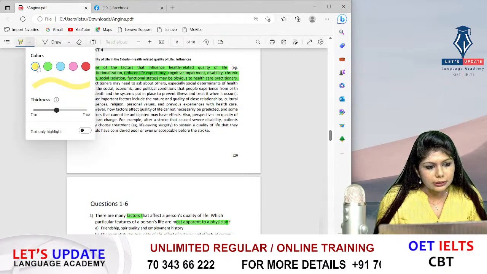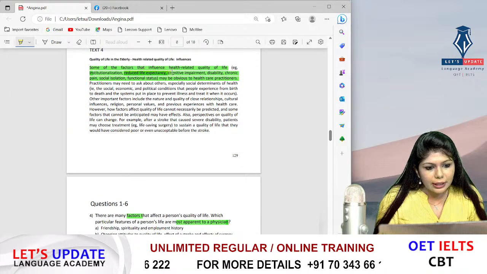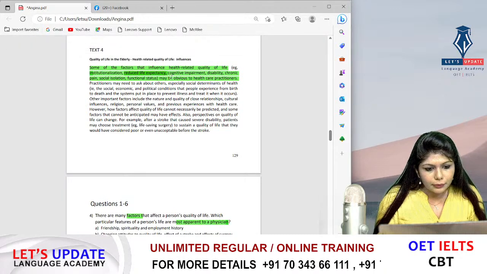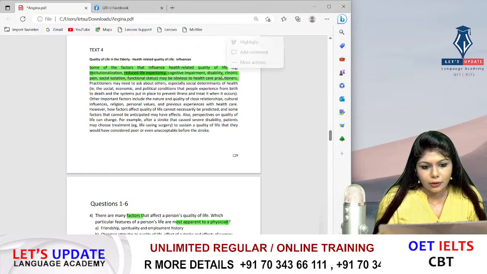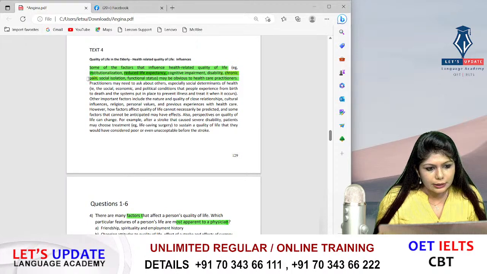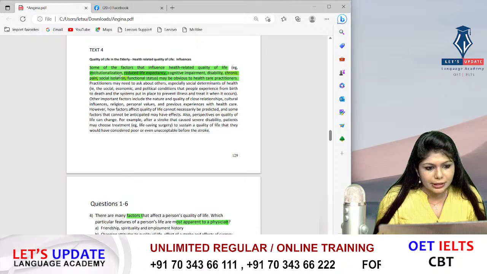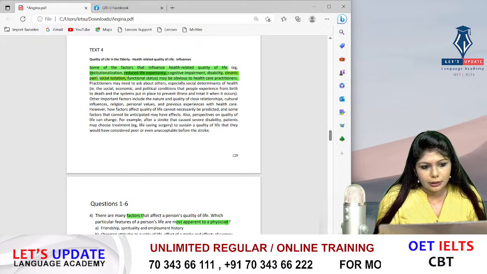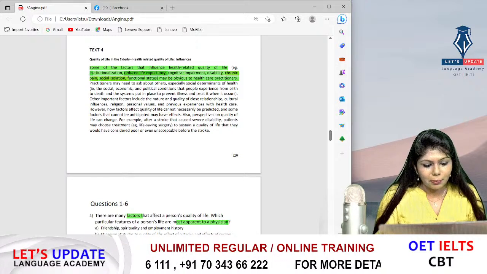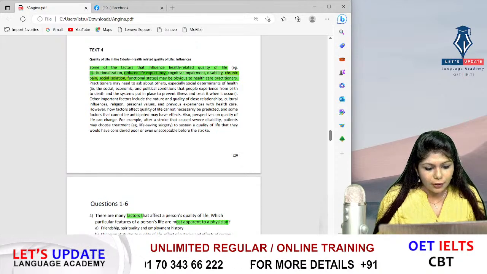I'll just highlight it. Limited lifespan in the sense reduced life expectancy. Okay, and ongoing pain, yes, chronic pain, that is also mentioned. Okay, and then the next is loneliness. Loneliness is definitely mentioned. It's social isolation. Okay, so as you can see, all these three parts of option C are mentioned, and that's why your answer should be option C.